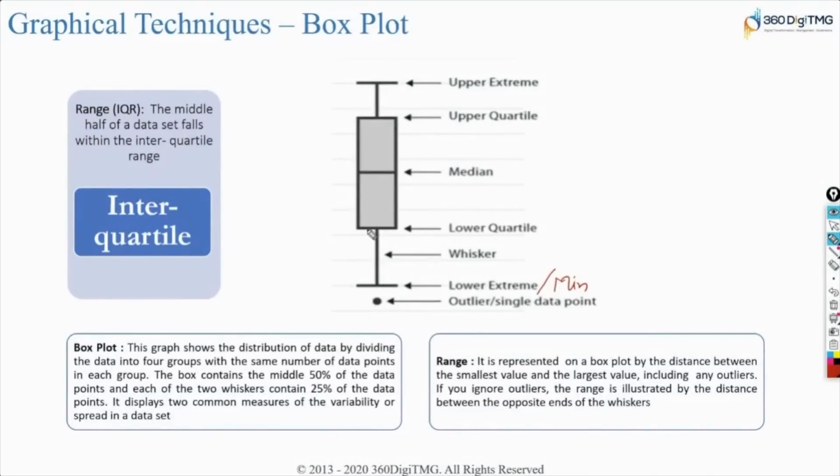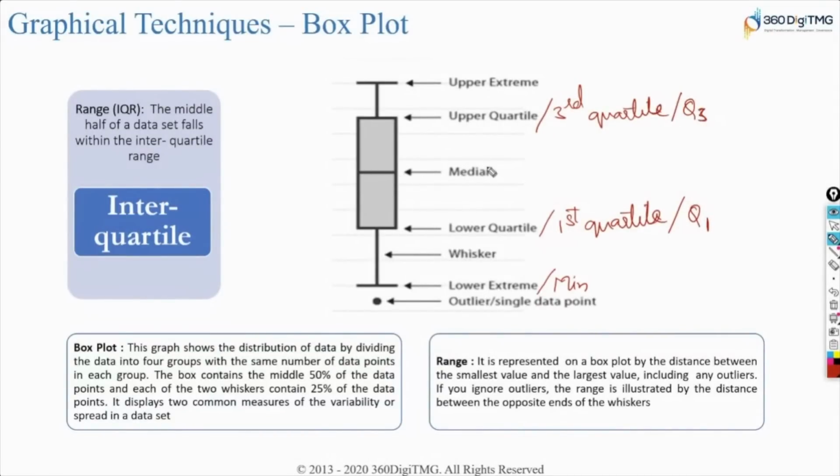And here you have the lower quartile or the first quartile or Q1. Then you have your upper quartile, which is called the third quartile or Q3.